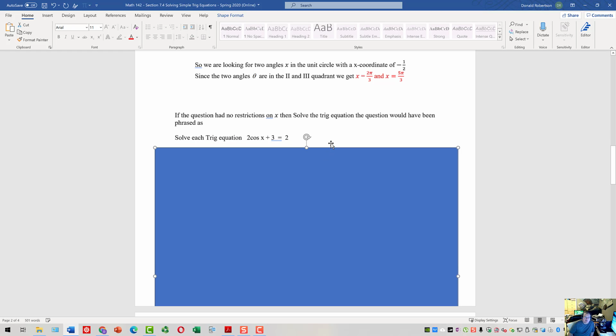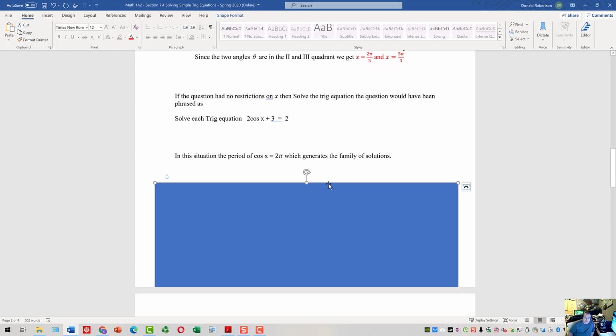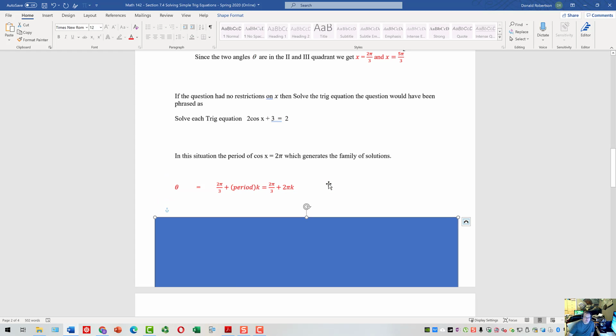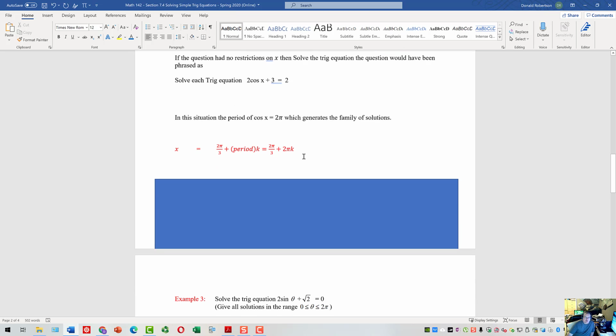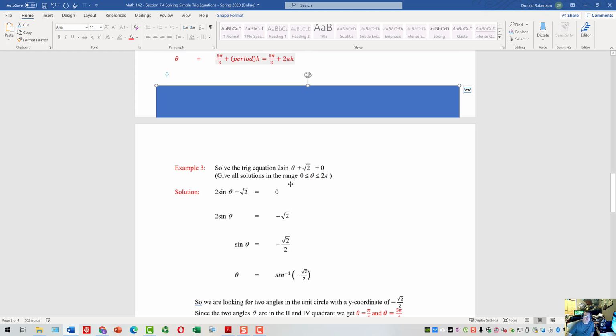So in this case, since the period of cosine x is 2 pi, it will generate the following solutions. x will be 2/3 pi plus 2 pi k, and then the other family of solutions, because technically there's an infinite number of them, you get from this fella here, where the angle x is equal to 5/3 pi plus a multiple of its period.